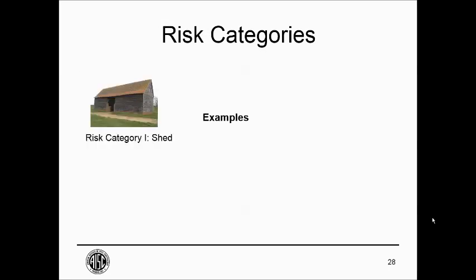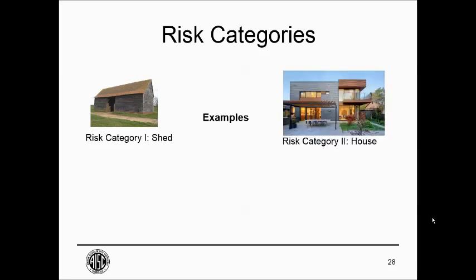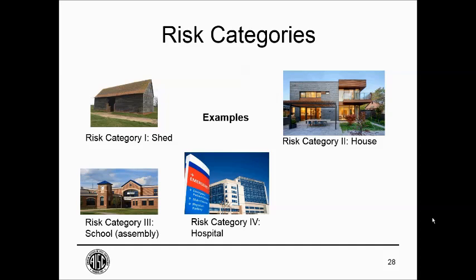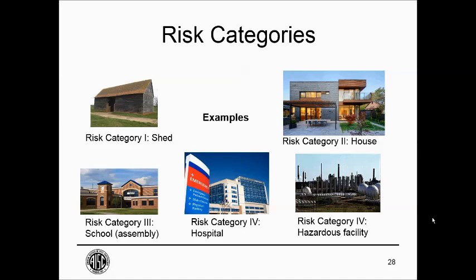There's risk category 1, which might be a shed, an unoccupied structure. Risk category 2 might be a house, office building. Risk category 2 is essentially all other structures that aren't defined as 1, 3, or 4. Risk category 3, assembly buildings, large arenas and stadiums are going to fall into risk category 3. Risk category 4 could be the hospital or other emergency response center, or the extremely hazardous facility might also have to be designed as risk category 4.